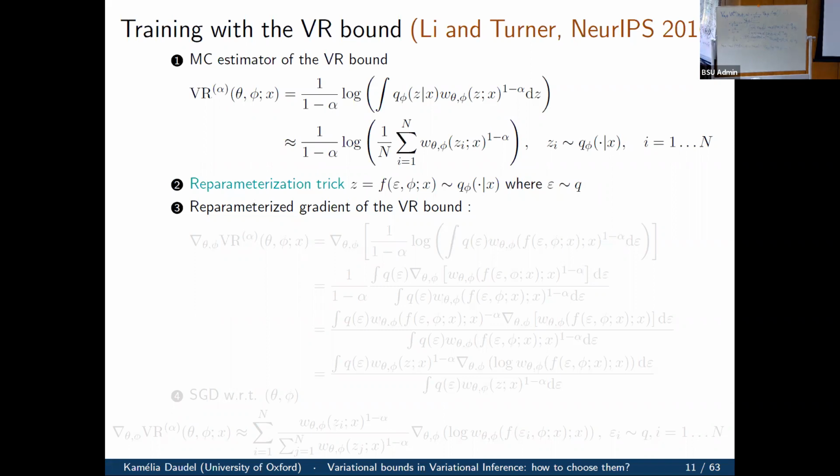Basically, if I just replace now and there, I'm going to get the desired expression. Actually, there's nothing left there, which is the integral over epsilon here, of my weights.